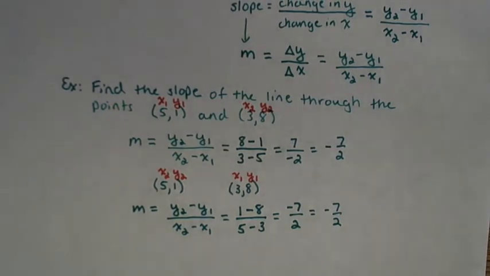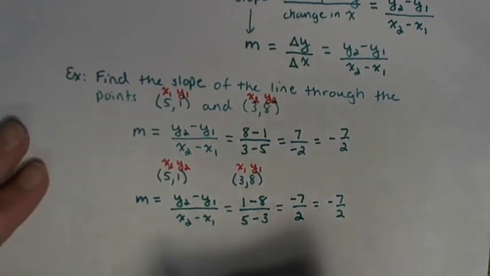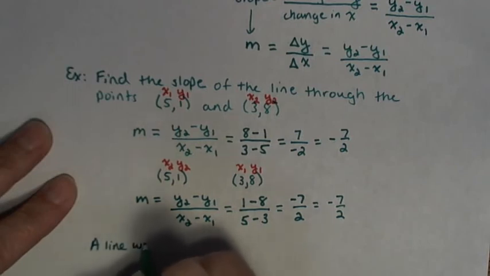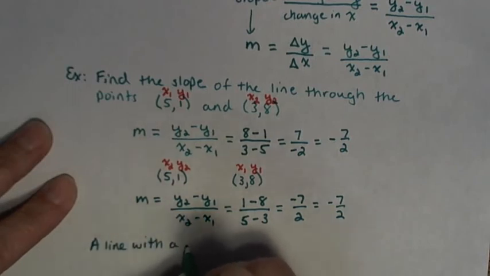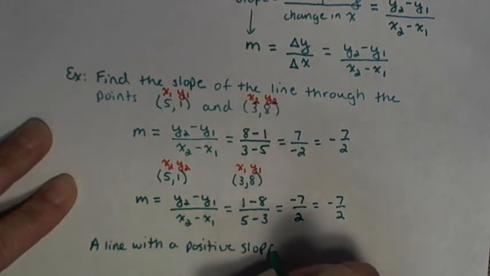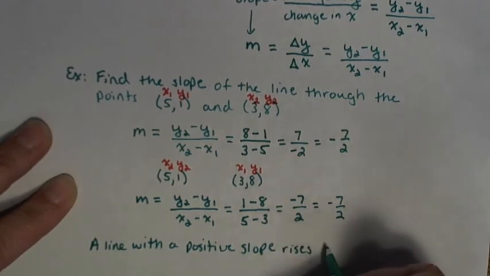Now, one thing to be aware of with your slopes is that a line with a positive slope always rises from the left to the right.